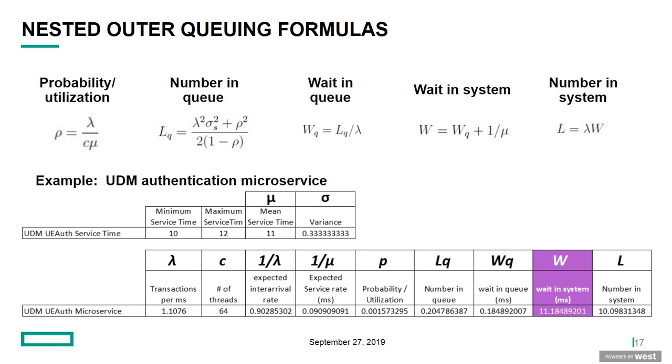And in this model, we're assuming a 0.5 millisecond network transport hop in each direction. So our total wait time for this network function is 12.18 milliseconds. Then we calculate the number of transactions that will be in the system during any given millisecond, and you take the mean service rate times the wait time in the system to get that value.